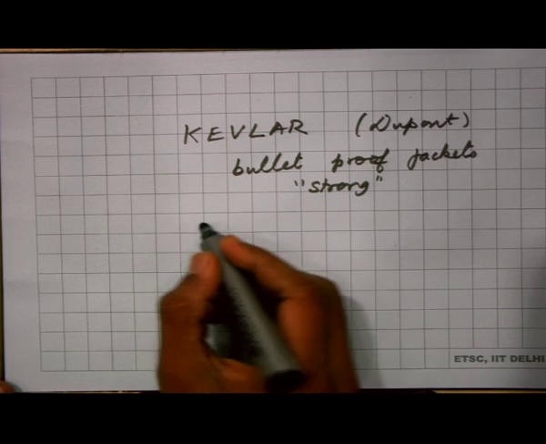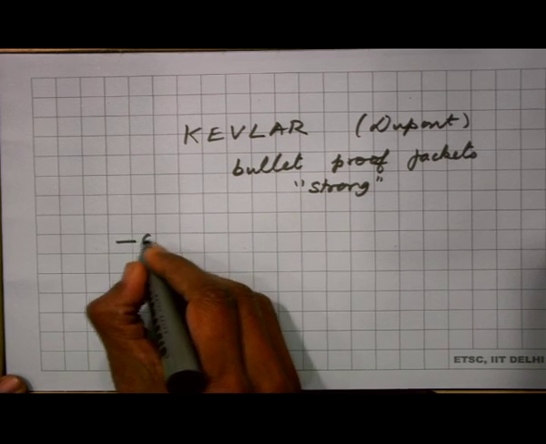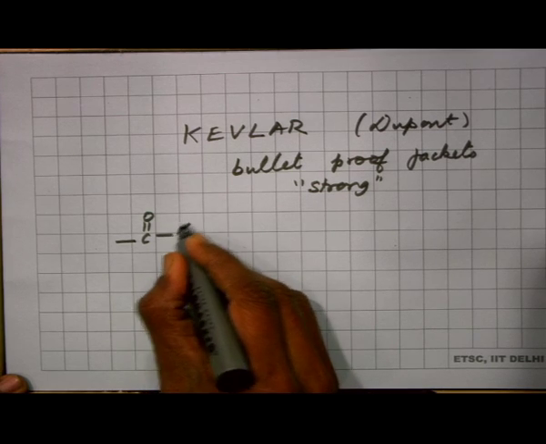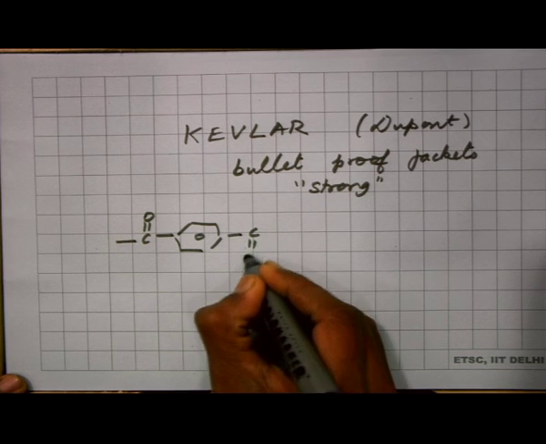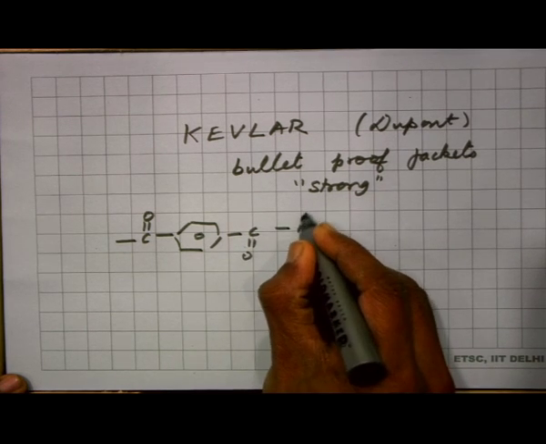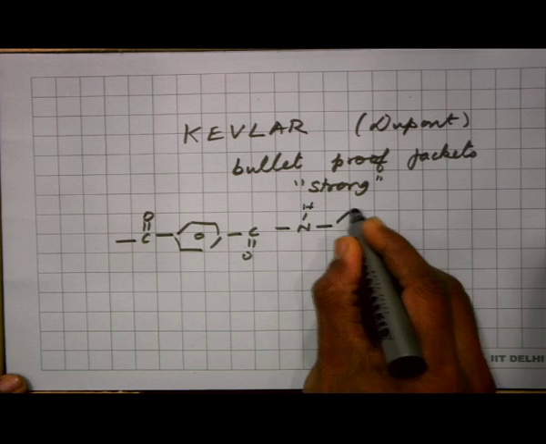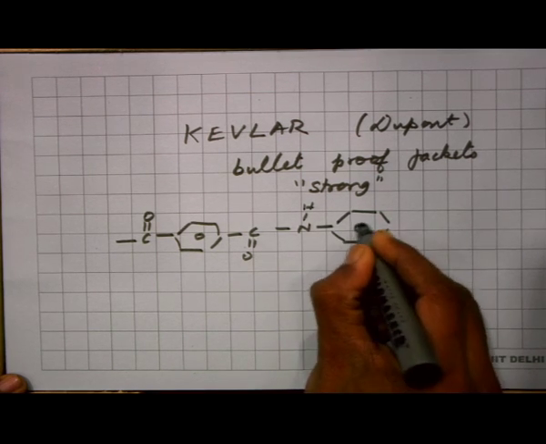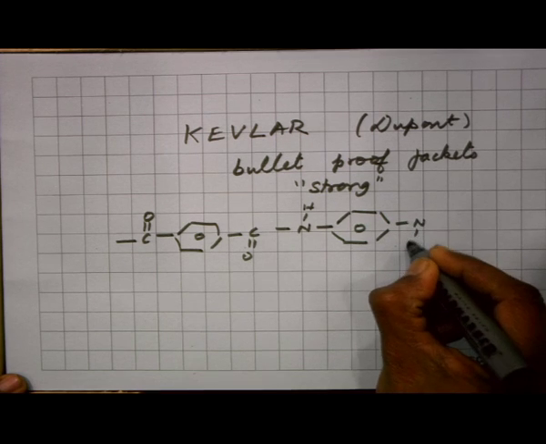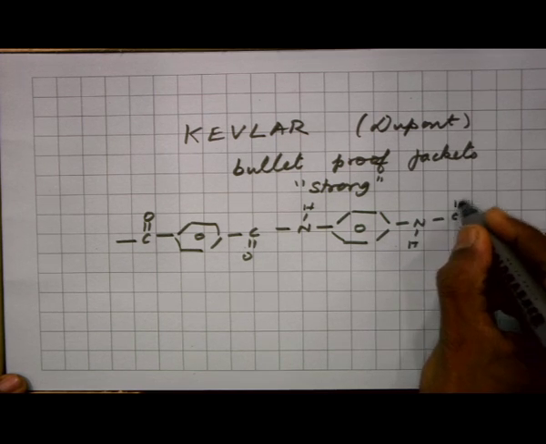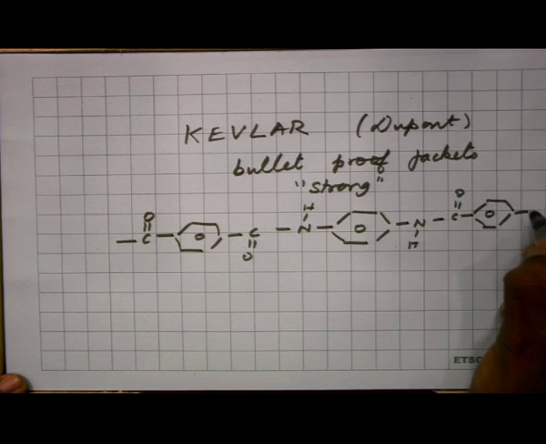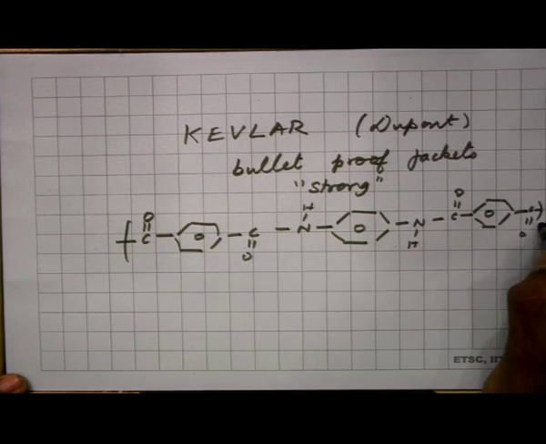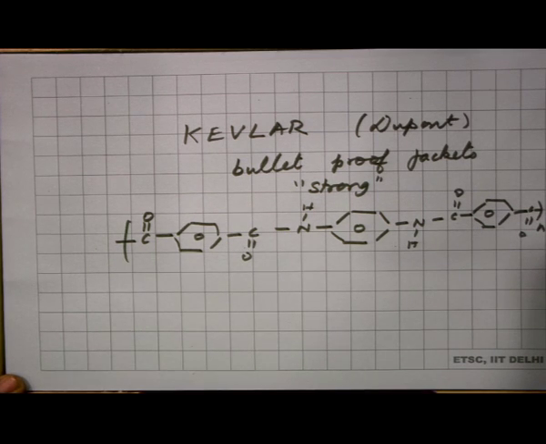So, this molecule Kevlar is a polymer with this structure. And this repeats. So, a polymer is this repeating.